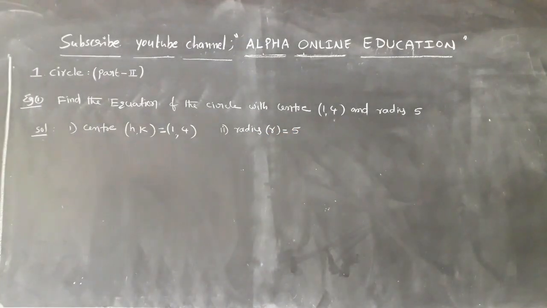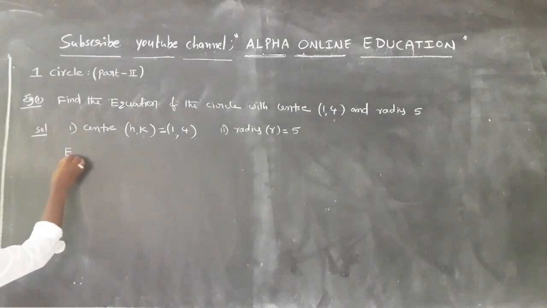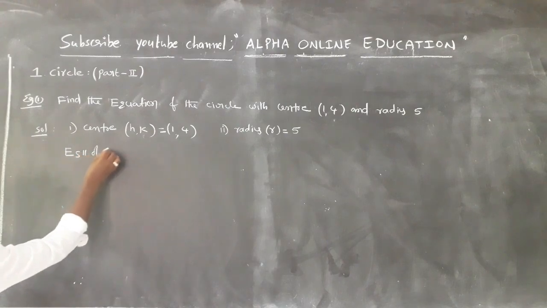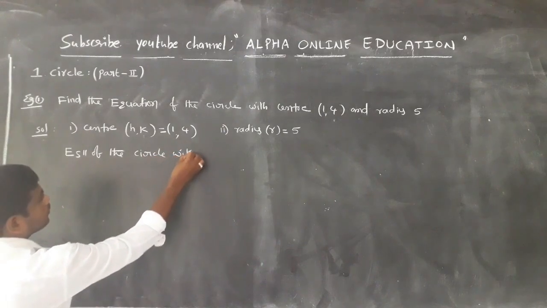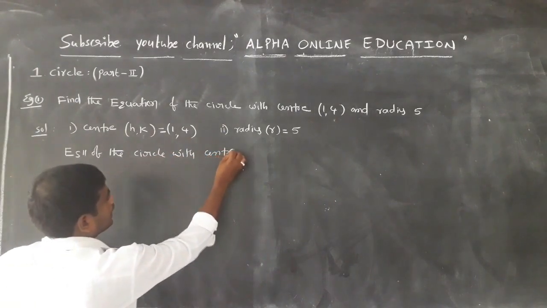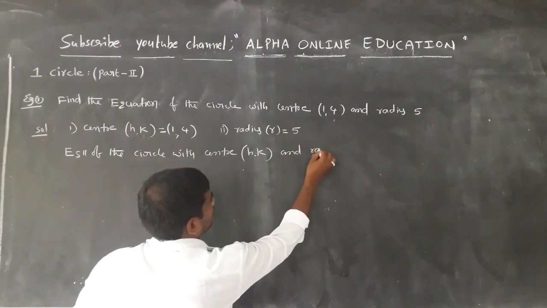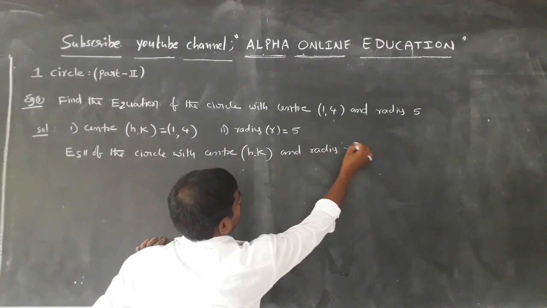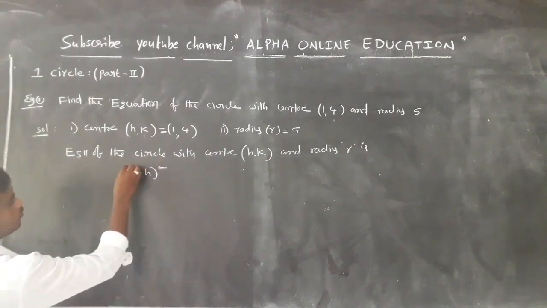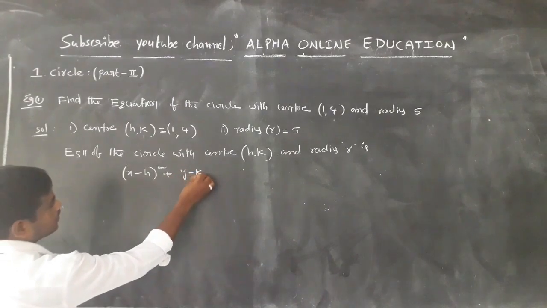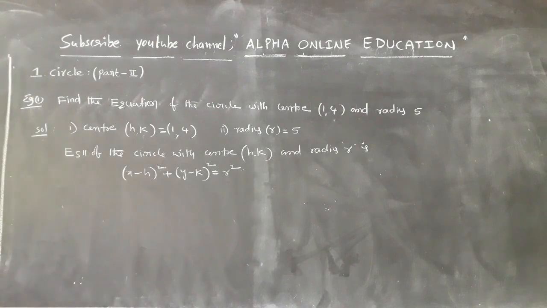By using here the center radius formula, equation of the circle with center h comma k and radius small r is x minus h whole square plus y minus k whole square is equal to r square.